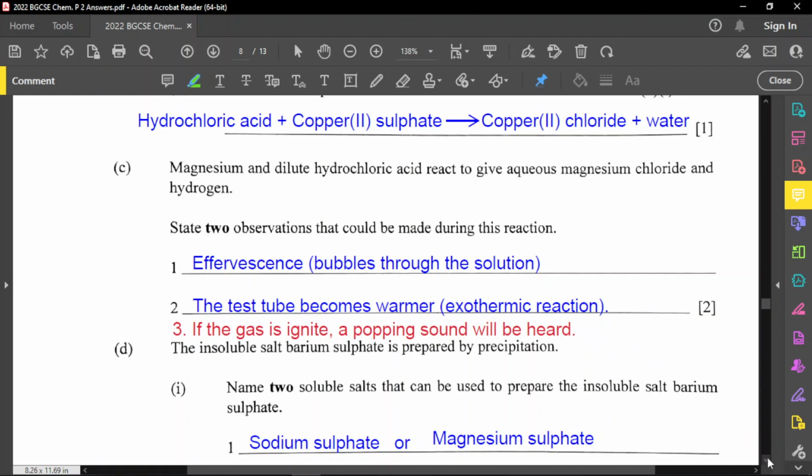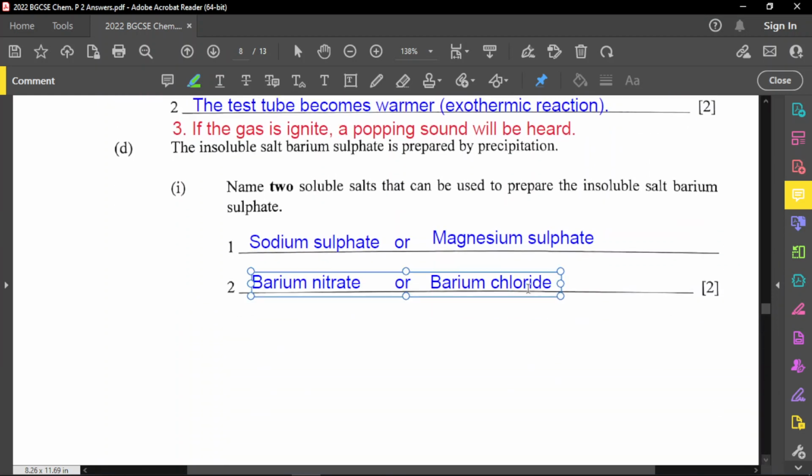Now for part D, it said the insoluble salt, barium sulfate, is prepared by precipitation. Name 2 soluble salts that can be used to prepare the insoluble salt, barium sulfate. You have quite a number of options, 2 options for each. You can use sodium sulfate or magnesium sulfate, but you need a sulfate for sure.